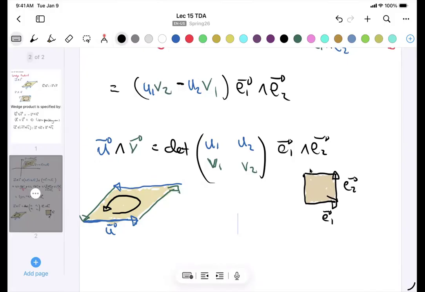Okay. So the scaling, does it mean anything, or is it just useful mathematical notation? When you say the scaling, the E1 wedge E2 is the unit square, right?